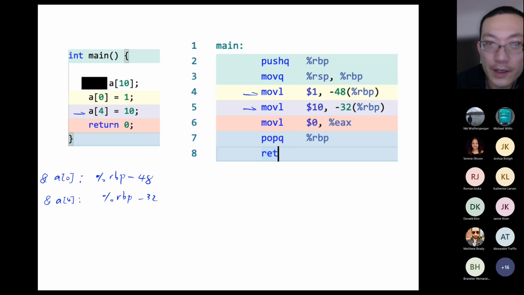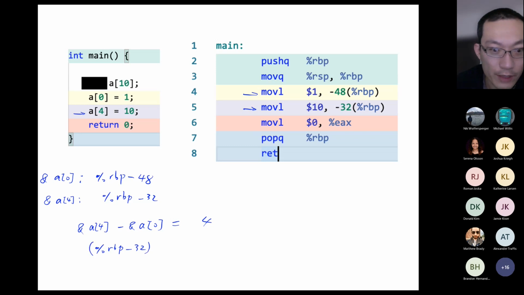Now we can do the arithmetic. How about we use A4 minus A0, and based on our previous arithmetic, the result is going to be 4, right? This is the pointer arithmetic if we do the calculation. And if we do an extended version, the address of A4 is RBP minus 32.